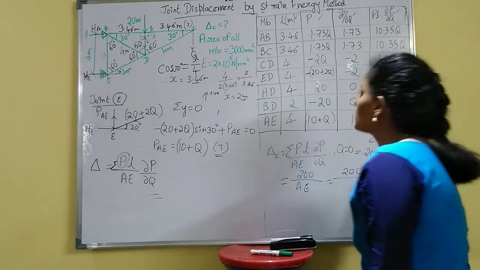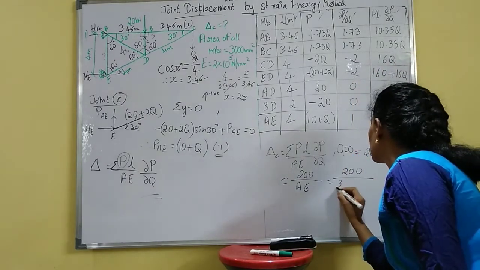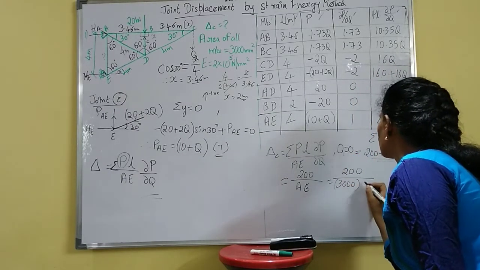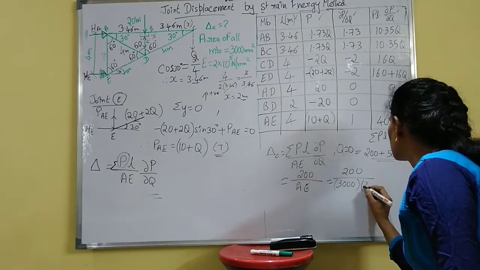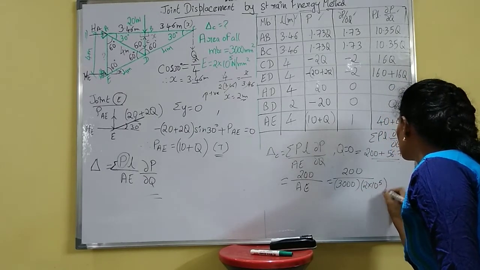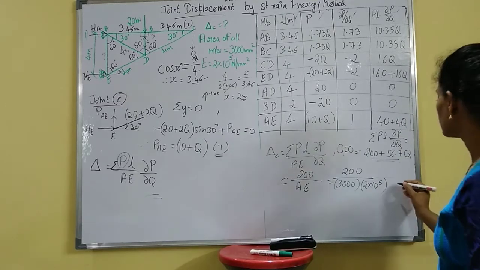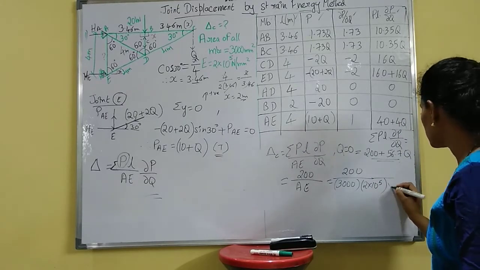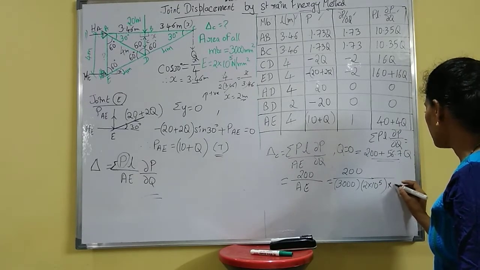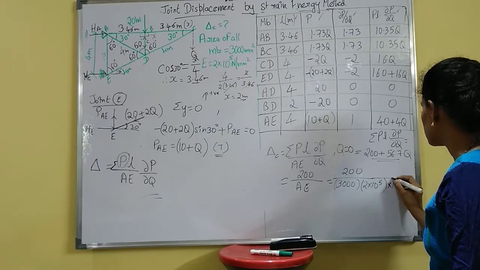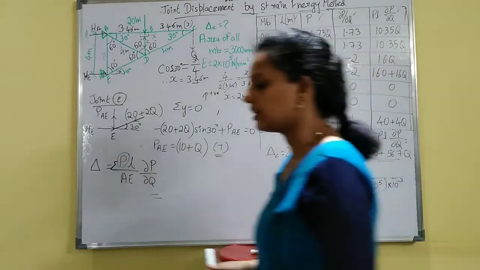Substitute AE. AE is 3000 into 2 into 10 power 5, you will get in Newton, but convert it into kilonewton. So you will have 10 power minus 3 multiplied by 10 power minus 3.